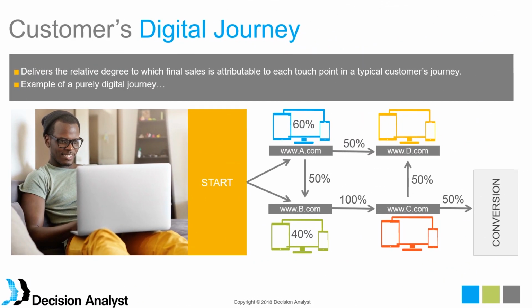And we can envision this journey in this simple diagram as moving, just in the digital world to begin with, to a website. Someone starts shopping, goes to website A. Perhaps 60% of customers start on website A and 40% on website B. Or you could interpret it as a 60% probability of going to A and 40% to B. And then the customer or consumer would possibly go from website A to either D or B, 50% in each direction, and so forth.